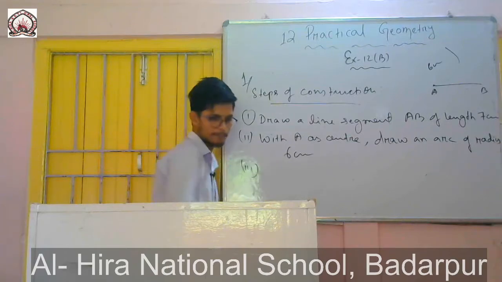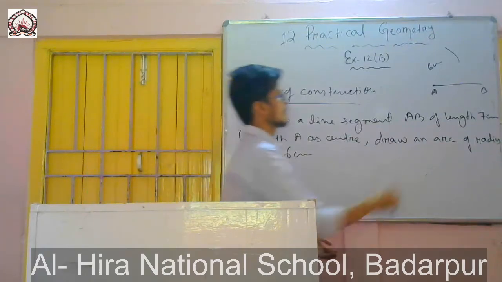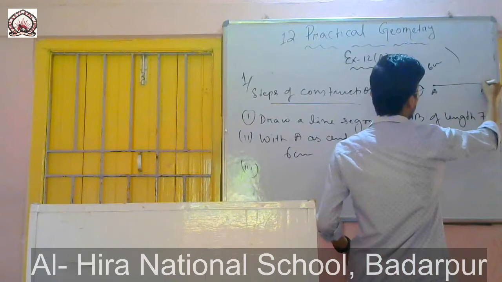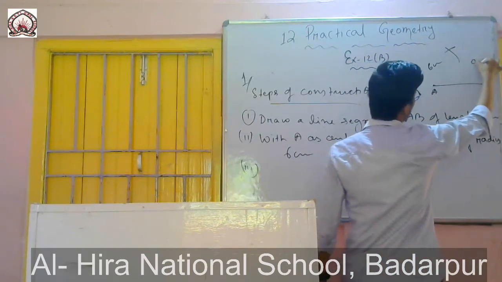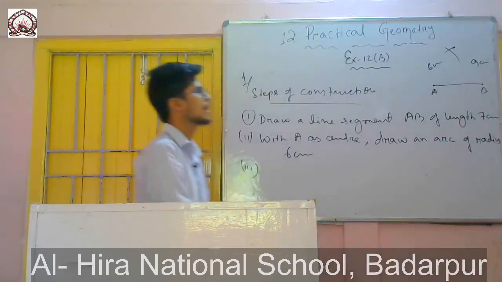Now step number 3. Again what I did, by taking this point B as the center, I draw another arc which was equal to 9 centimeter. Radius was equal to 9 centimeter.